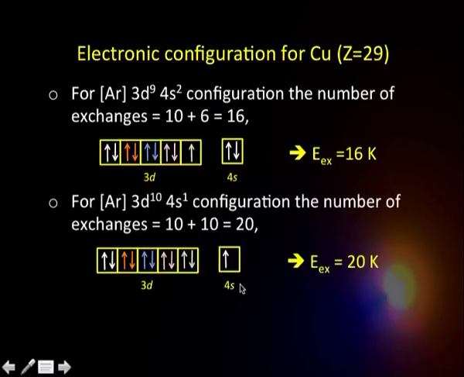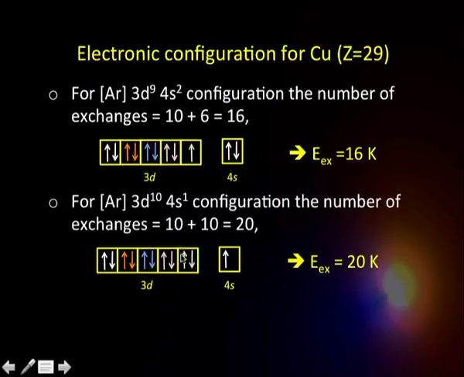Now let us take the second electronic configuration, 3d10 4s1. For this configuration, all the 5 d orbitals are doubly occupied. That means there are 5 up spins and 5 down spins. When we talk about exchanges, we can first talk about the exchanges amongst the up spins. Since there are 5 of them, there will be 10 exchanges possible.